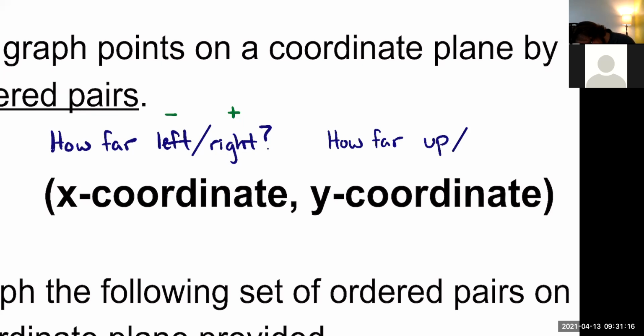Now, you're welcome to look at your coordinate plane. Look at the y-axis. How would you describe the up direction? What's going to be unique about those values? They will be positive. So up will be a positive value, and down then must be negative.